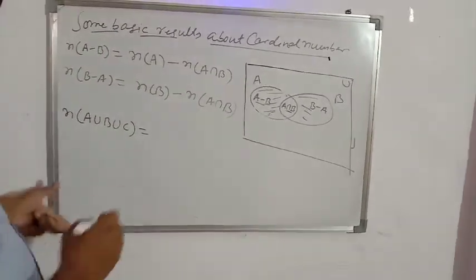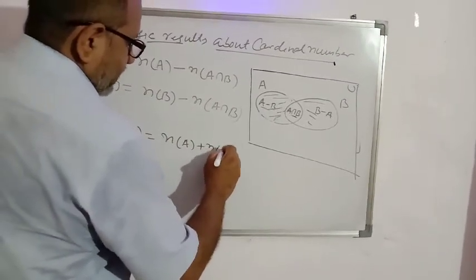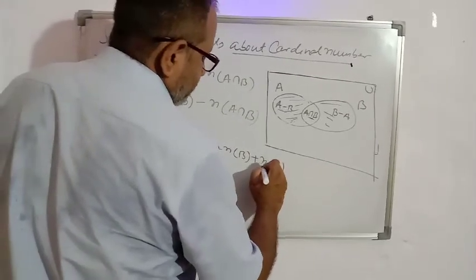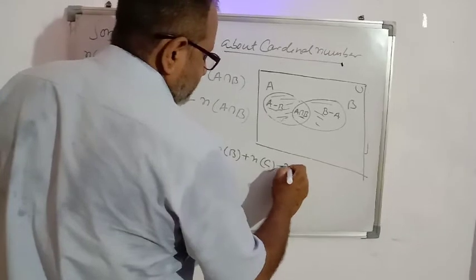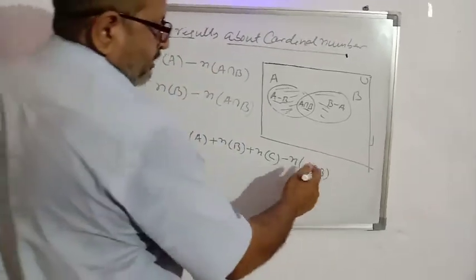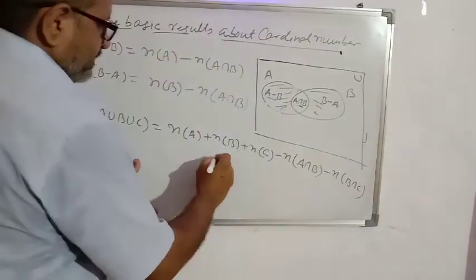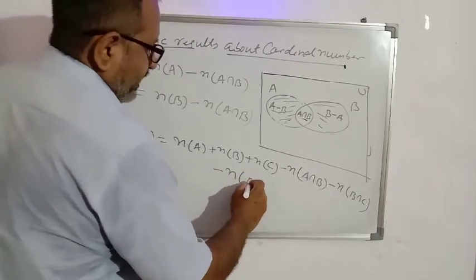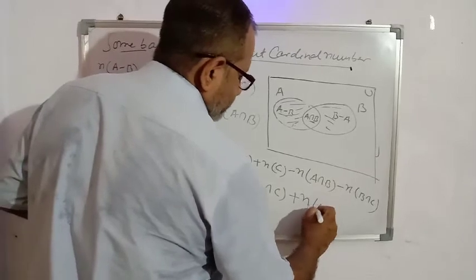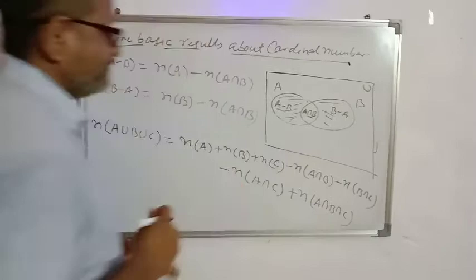We write n(A) plus n(B) plus n(C), minus n(A intersection B), intersection of any 2 sets, minus n(B intersection C), minus n(A intersection C), and plus n(A intersection B intersection C), common in all the 3 sets.